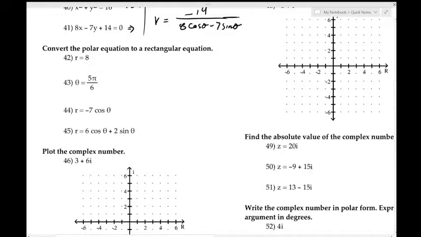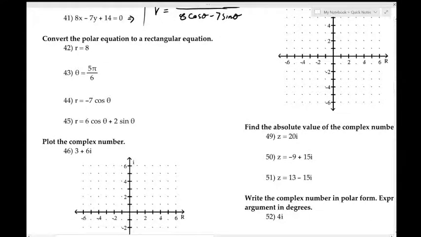Next we have converting the polar equation into a rectangular equation. So for number 42, we know that r is equal to the square root of x squared plus y squared.